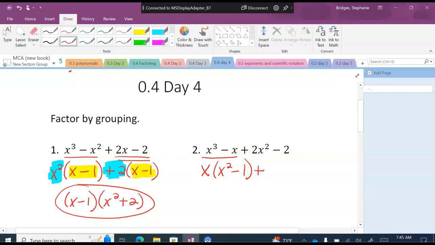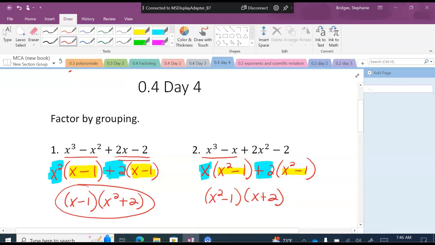And then if I have 2x squared minus 2, what do those two have in common? A 2. All right, and then I have an x squared minus 1 left again. Remember, the goal is to have these two to be the same, which they are. So because they're the same, I can factor that out, x squared minus 1. My leftover stuff, the x plus 2, goes in my second parenthesis.